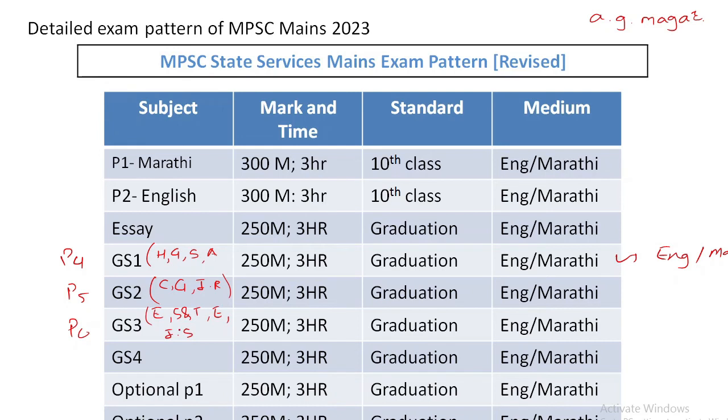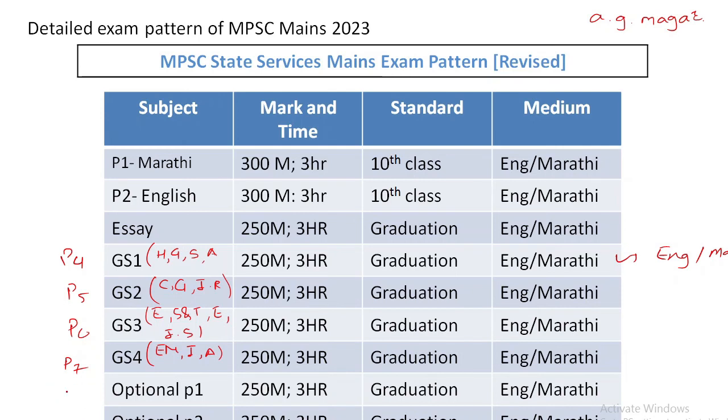And the most important part of your whole preparation is GS4, General Studies 4. This paper is a game changer. So you have to focus on essay and GS4 if you want to be a topper in MPSC 2023. GS4 consists of ethics, integrity, and aptitude. Other things are common in all papers.